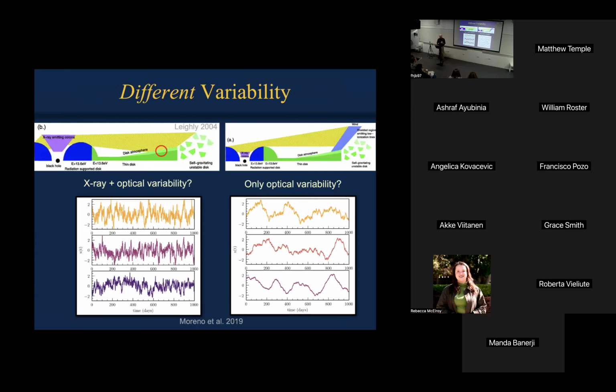I'm not actually interested in RM. I am more interested in using the variability to tease out the geometric structure that Chris was talking about, Eddington ratio, and so on. The basic idea here is that as your Eddington ratio changes, your geometry changes, and your variability is going to change, right?